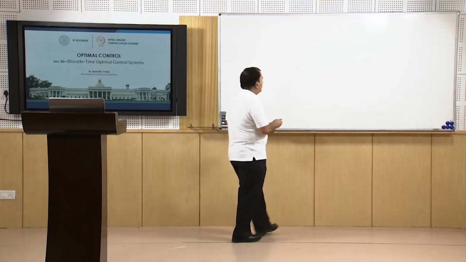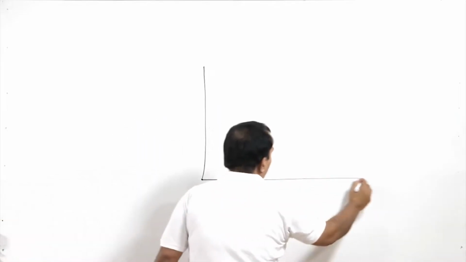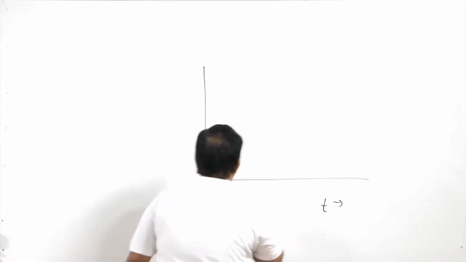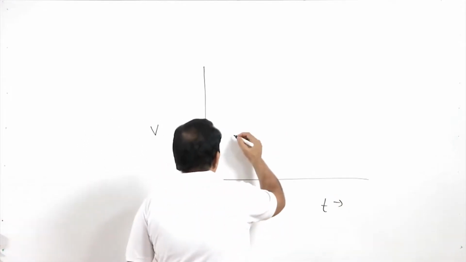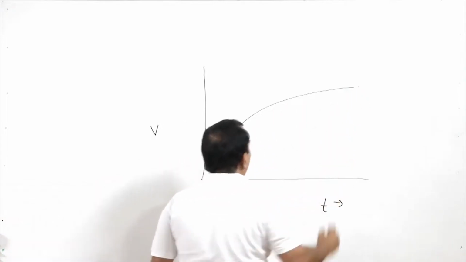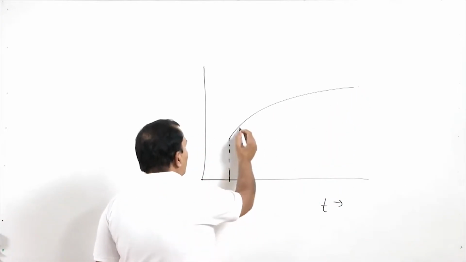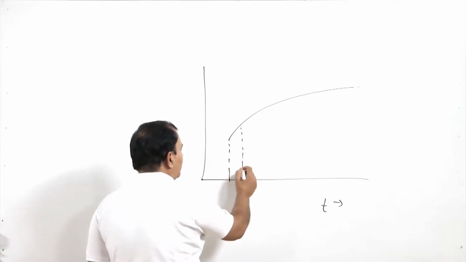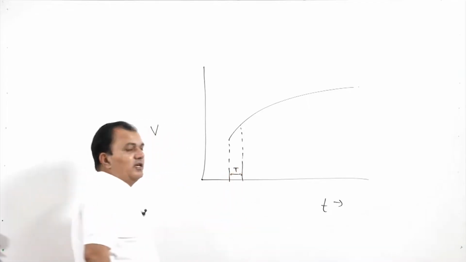So, what actually we are considering, if t is my scale and if this is v, suppose any form of the function I will consider, and I will have the sampling period as t.